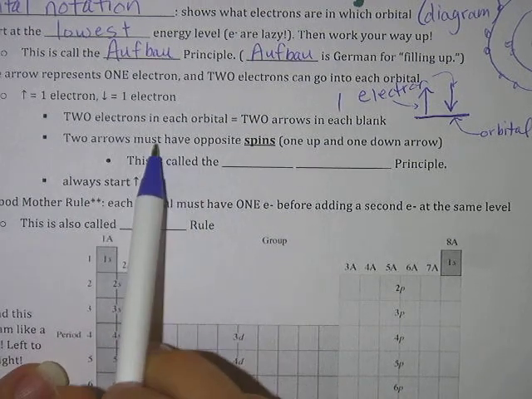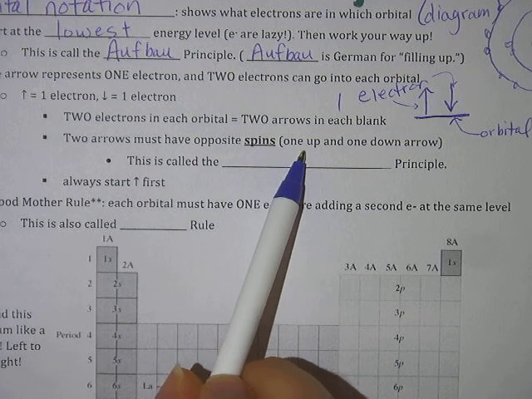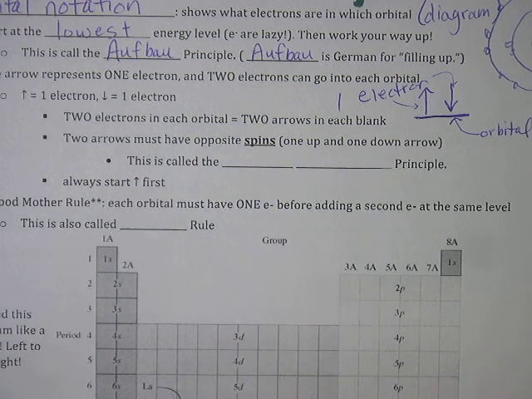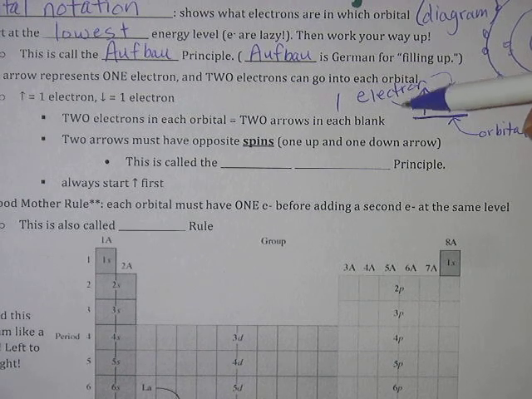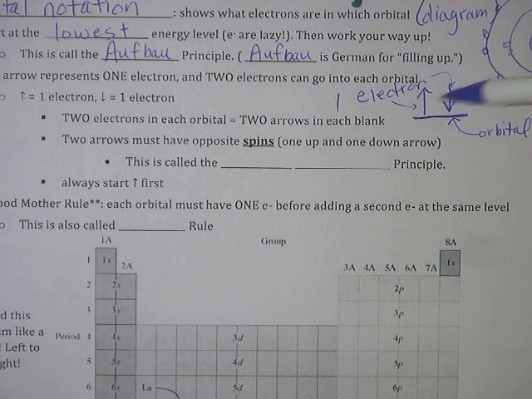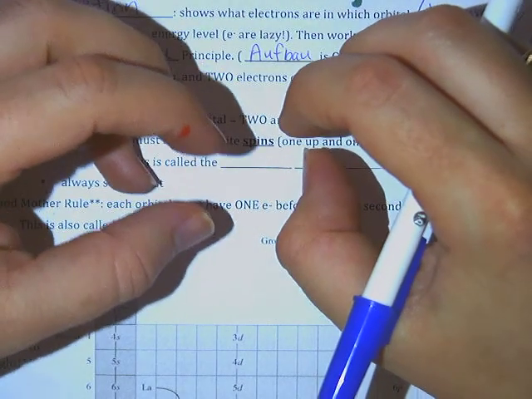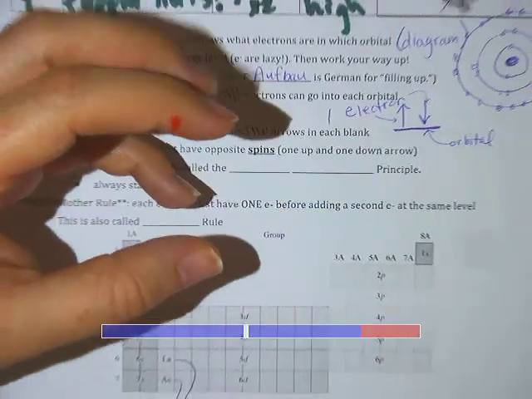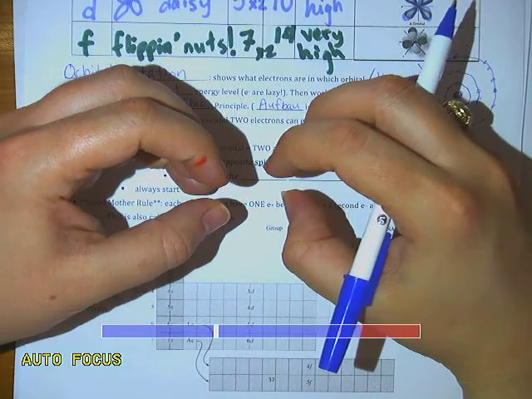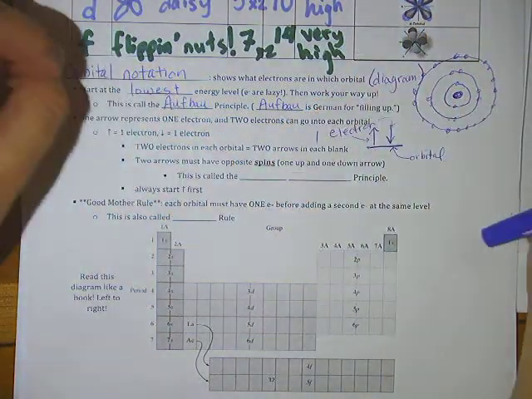The 2 arrows must have opposite spins, meaning one of them has to be up and the other has to be down. That's because if you put 2 electrons in close proximity to each other, literally inside the atom, electrons are both negative. They repel each other. But if you force them to stay in one area next to each other, they can't just push apart.